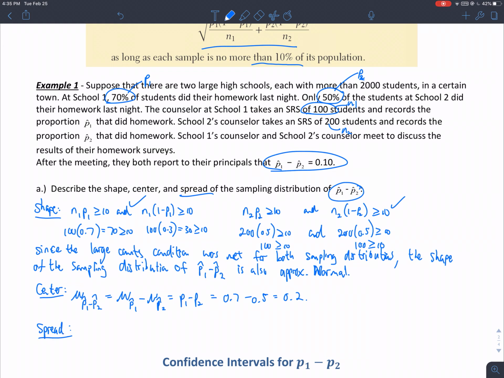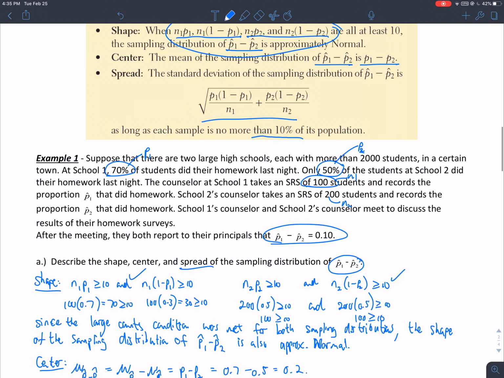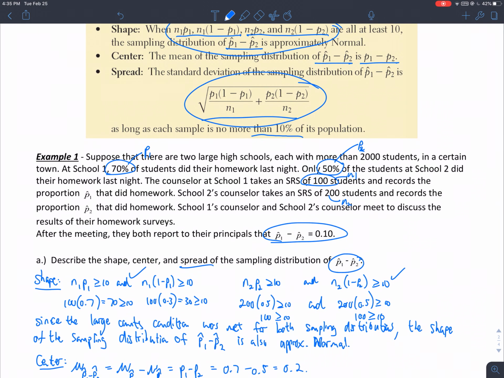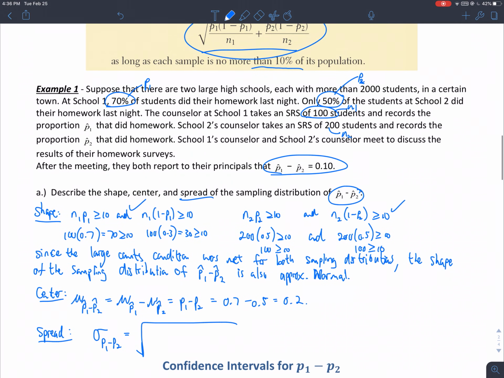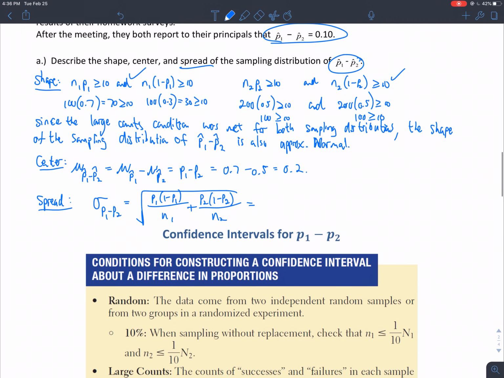The spread will be measured by the standard deviation of the difference, and I think we have this formula right here. Okay, so that would just be the square root of, and we should probably get used to writing this a few times so we don't forget it, like this, and then just fill in the numbers.